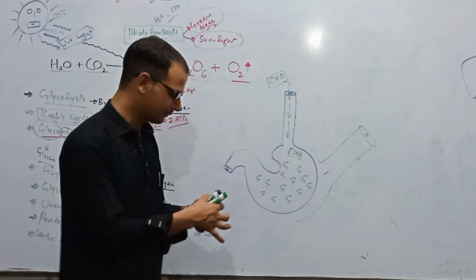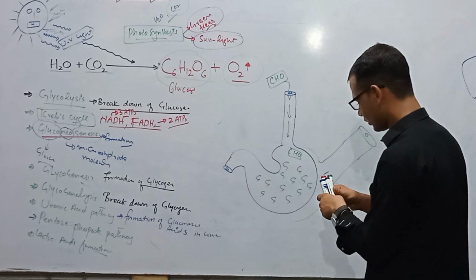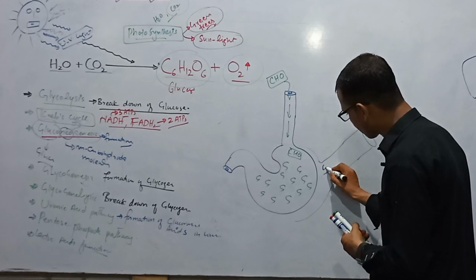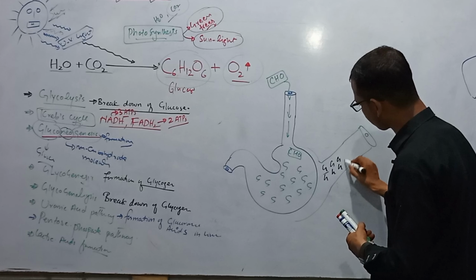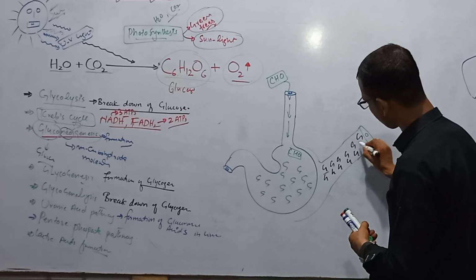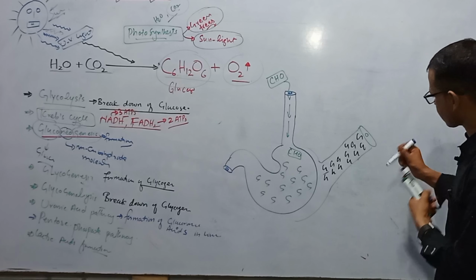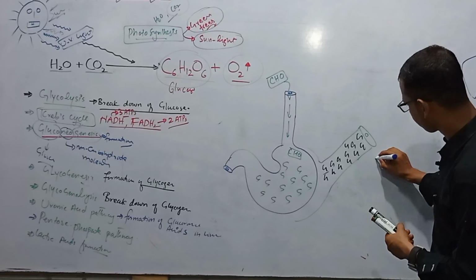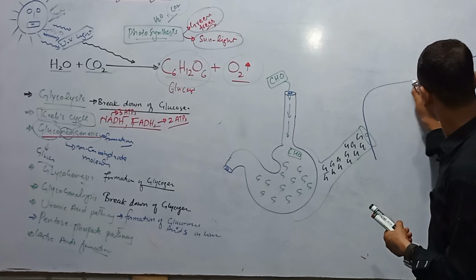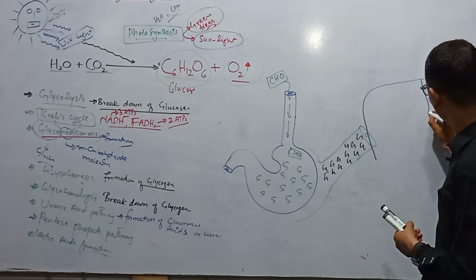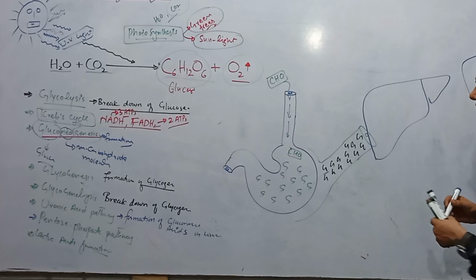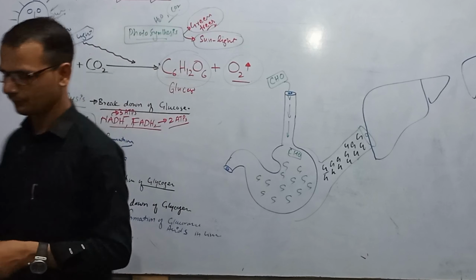So by absorption, our liver will get a high amount of glucose. What is the fasting blood sugar level? 70 to 110.